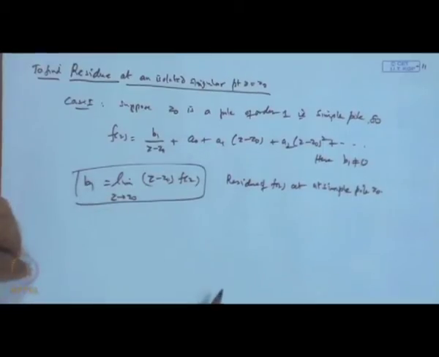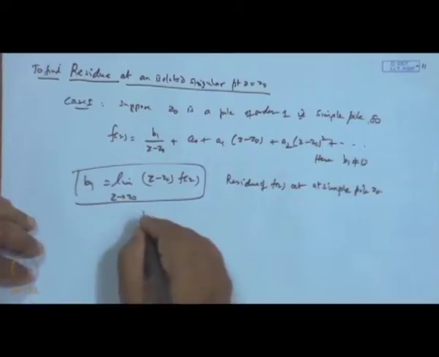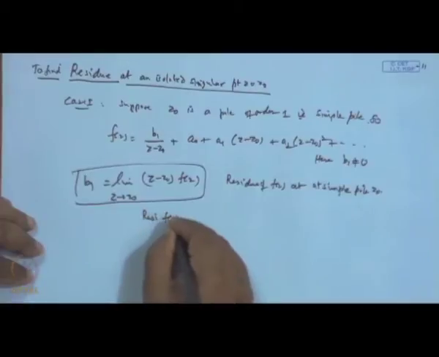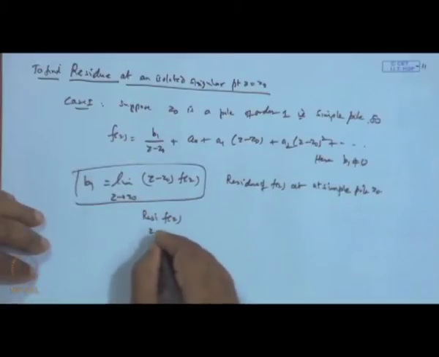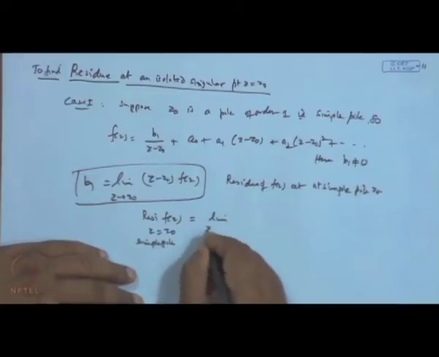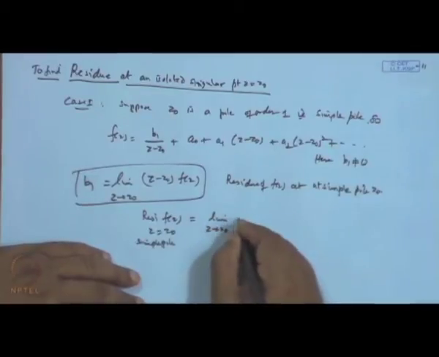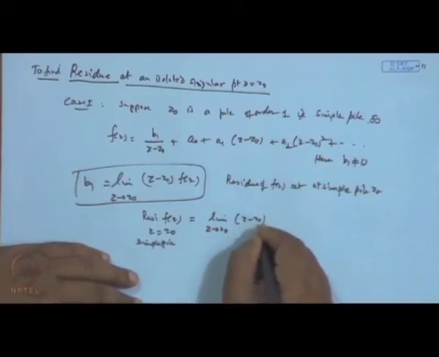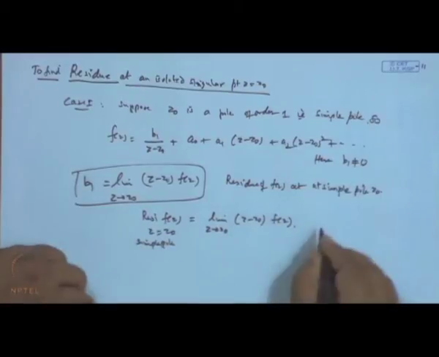The residue of the function f z at z equal to z naught, which is a simple pole, will be equal to the limit as z tends to z naught of z minus z naught times f z. So, this will be the formula.